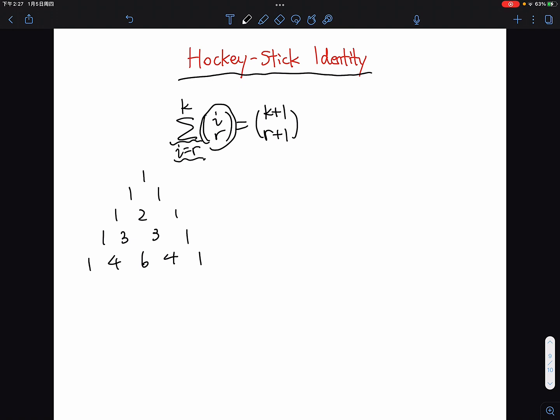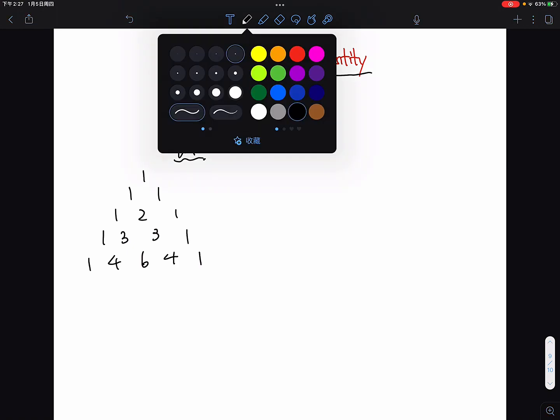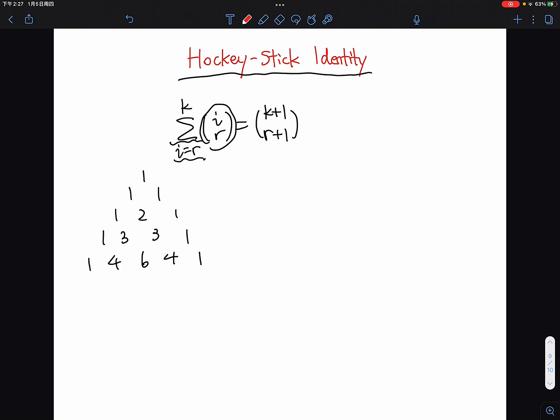So what basically happened was if you were to sum up all the elements in a diagonal line, starting with 1, that would equal the next element down diagonally in the opposite direction. So what I mean is, you choose a 1, let's say you choose this one over here, and you go diagonally, and let's say I stop at number 3.